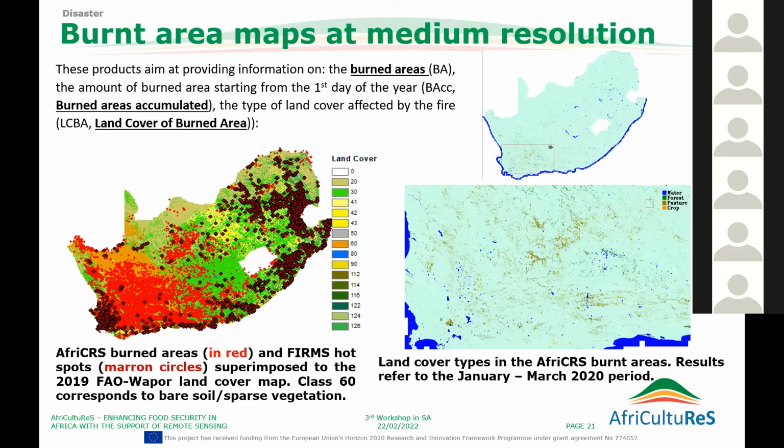Here we have a couple of examples for South Africa. On the left side, we have reported the burned areas together with the hotspots taken from the FIRMS website, in which VIIRS and MODIS thermal anomalies, or active fires detected by satellite, are made available.